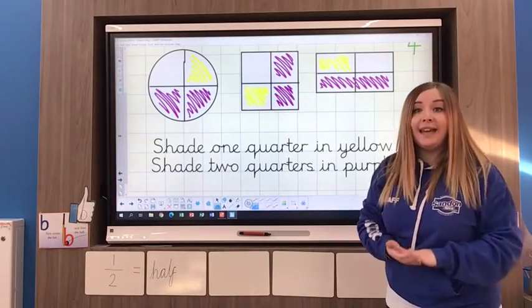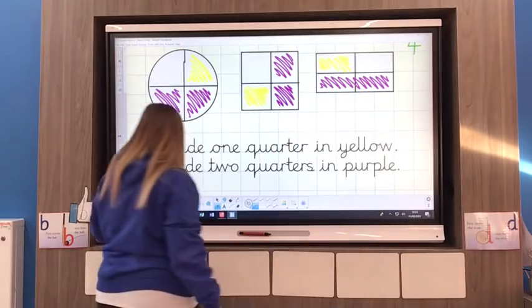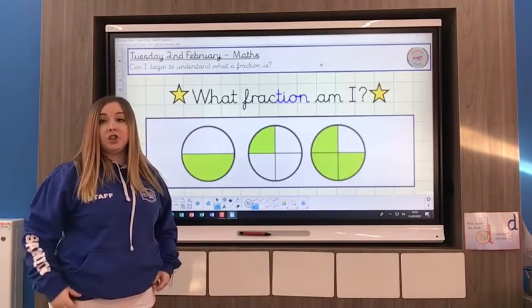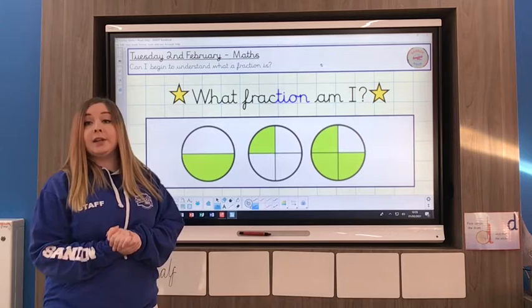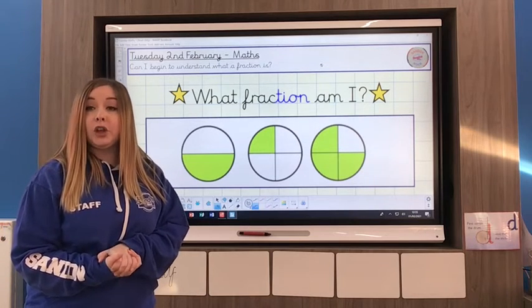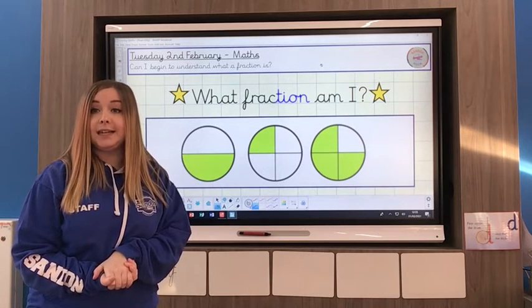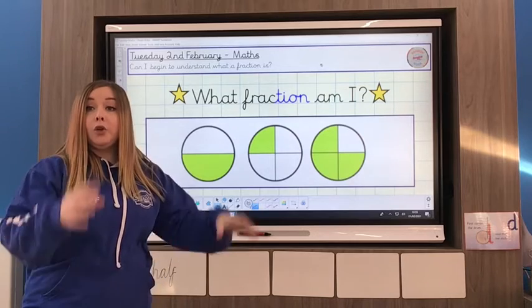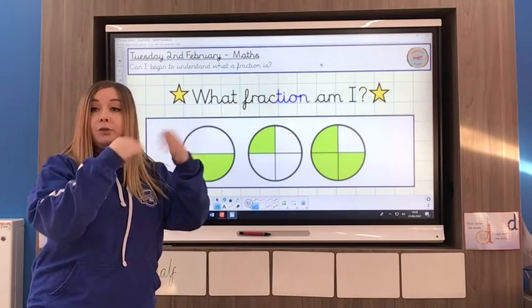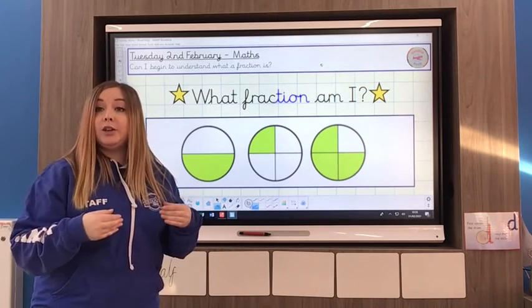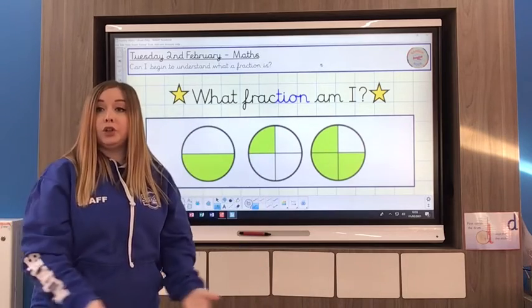Okay, so your final challenge then, year 4, because you know I like to set you an extra challenge, is to figure out and write down what fraction is shaded. Remember, your numerator at the top is the number we have, and your denominator is how many all together.